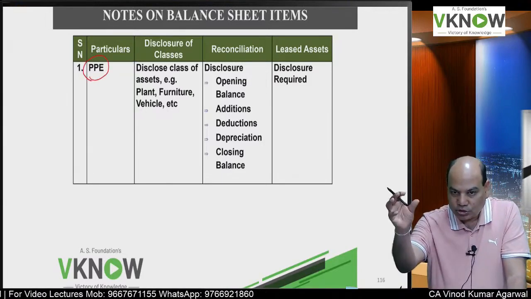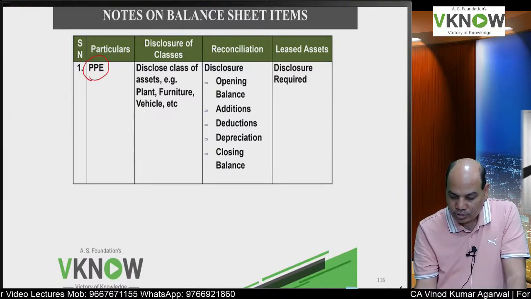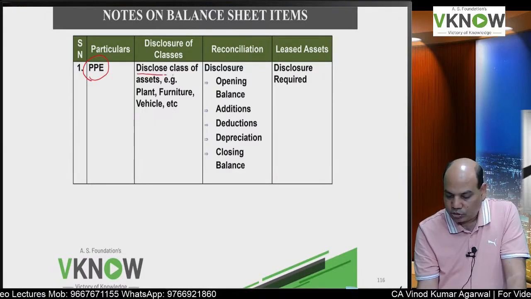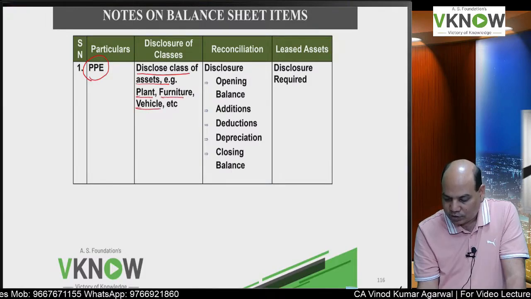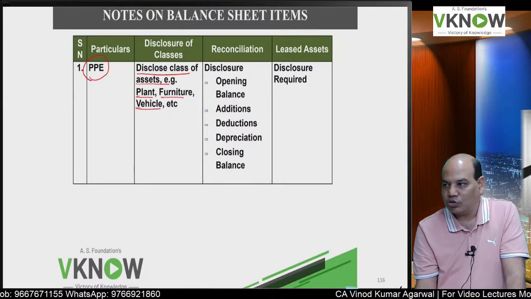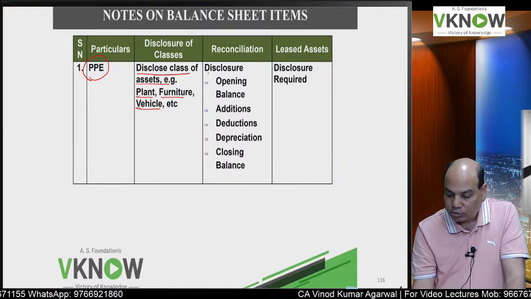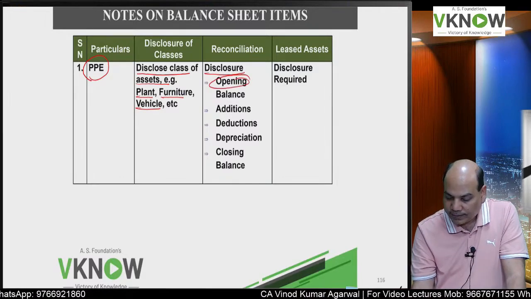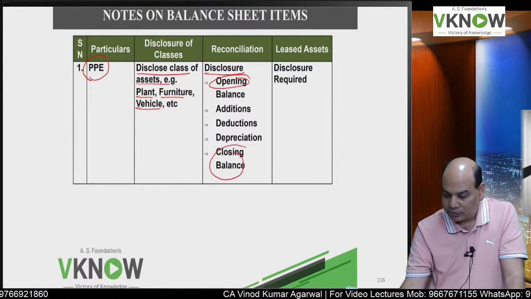What are the disclosures to be given in the notes? For PP&E items, you have to disclose the class of asset. For example, plant, furniture, vehicle, computer. You can't mix all of them. And you have to give a reconciliation starting from opening balance, addition, deduction, depreciation, closing balance.